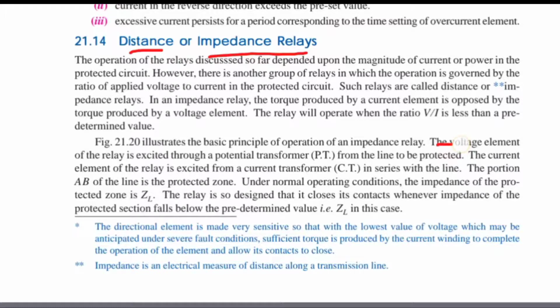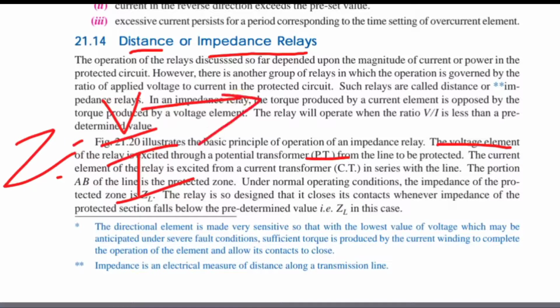What is the principle of the impedance relay? Voltage and current both are required for an impedance relay. Z equals V by I. Hence V comes from the PT and current is taken from the CT.